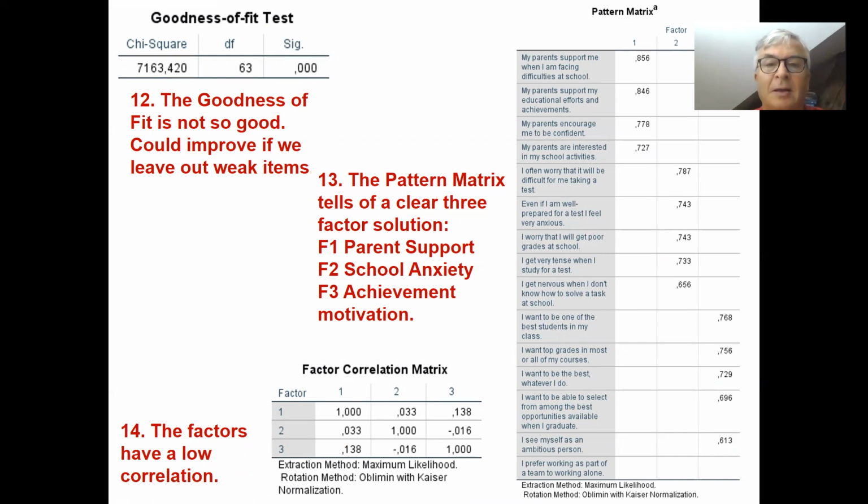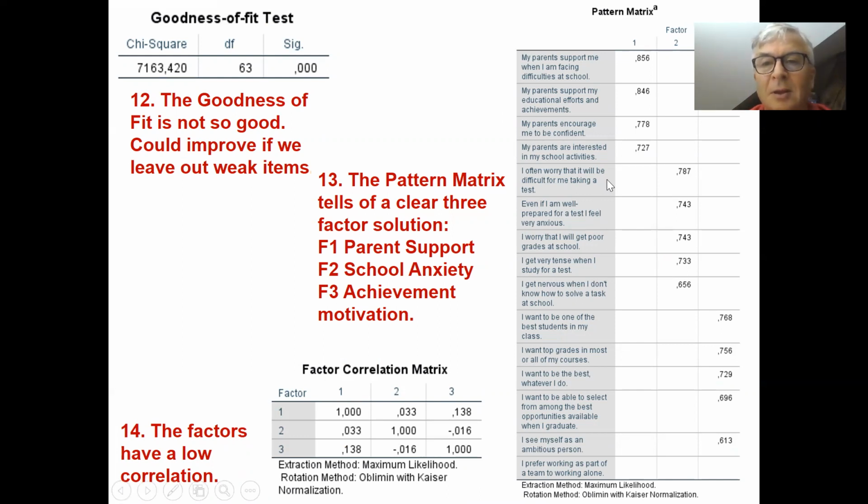Next, we find the pattern matrix, and we can see that our solution, even if it's not perfect according to the goodness of fit, is still really, really good. So we have a nice structure here with parental support, the thing that we did in item analysis.